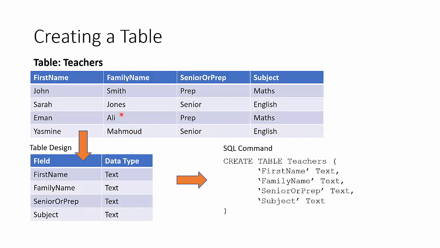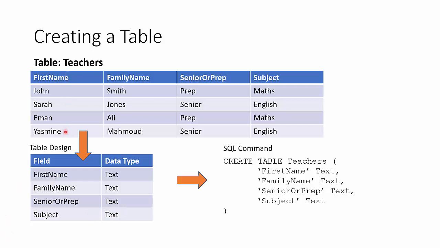So the way it works is this. We start off with our plan. So this is a rough draft of the data that we want to capture in our database, and then we can turn this plan into a table design. So each field here, you see each of these columns here, has now become a row on our field design.